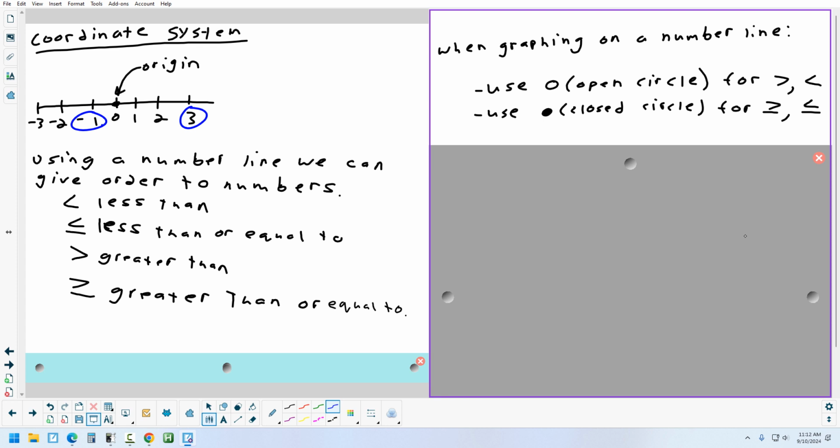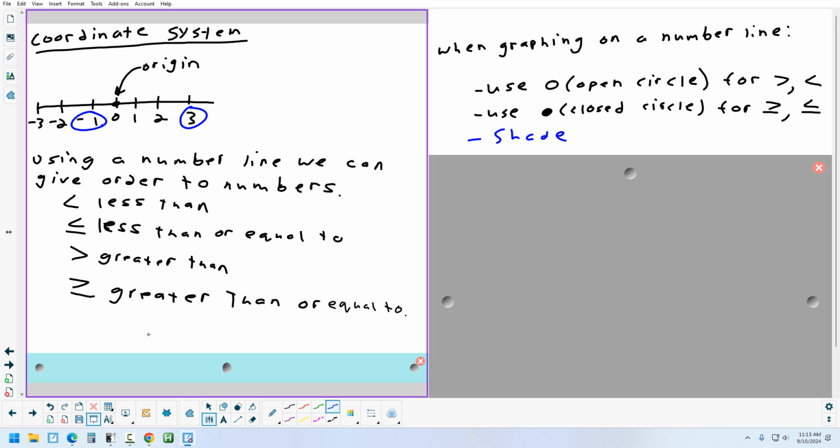We have to put a circle, and then we have to shade. Now, with an inequality, especially if it's written like this, there's an easy way to tell which way you have to shade.